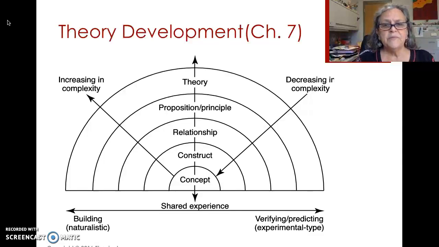When you are using experimental type theory, when you're doing quantitative experimental research, you tend to go from a theory down to a specific concept. When you're doing qualitative research, you tend to go from a concept and move towards a theory. So usually naturalistic qualitative research is about theory development, and experimental quantitative research is about theory proof.